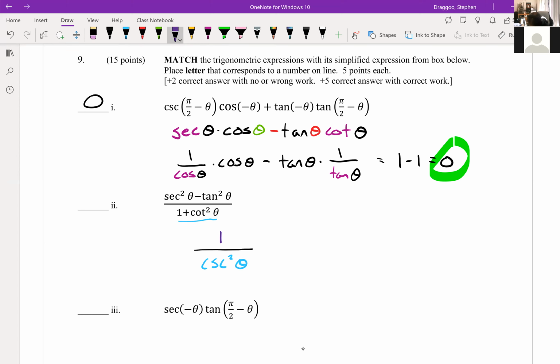Secant squared minus tangent squared is 1. 1 plus cotangent squared is cosecant squared.